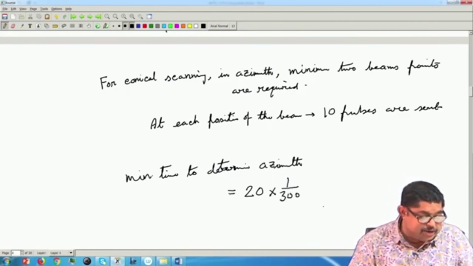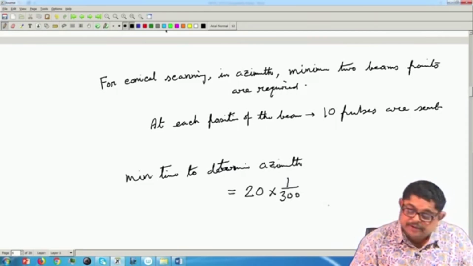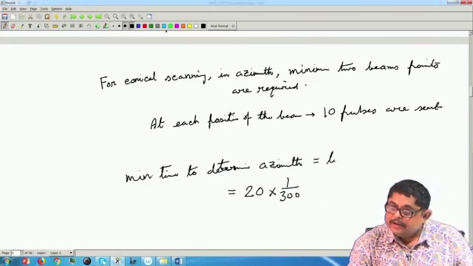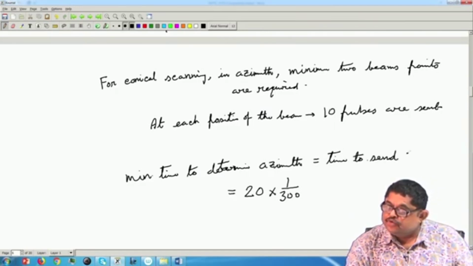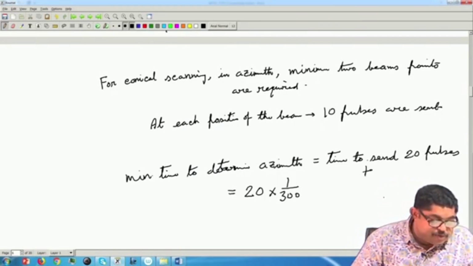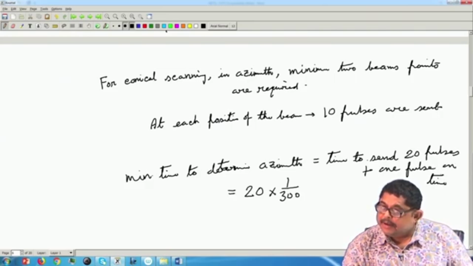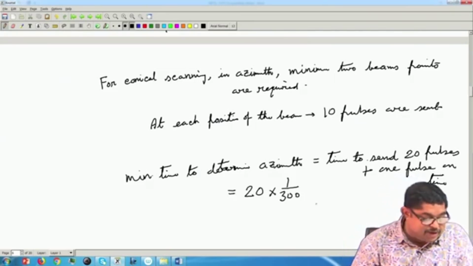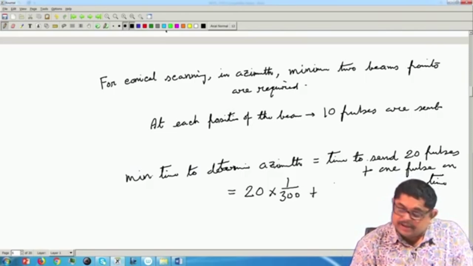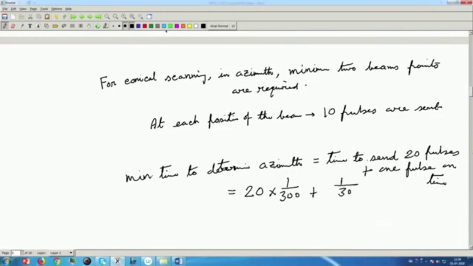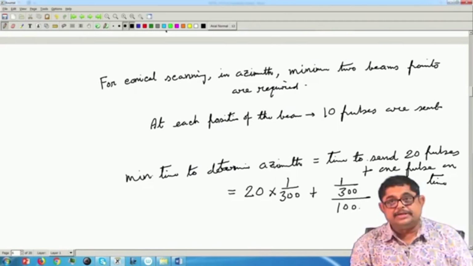So, this is in seconds, plus, I can say time to send 20 pulses plus 1 pulse on time, because the first pulse on time at least should be given. So, that I can say 1 by 300 by, this is the reason it has been said about the duty cycle.